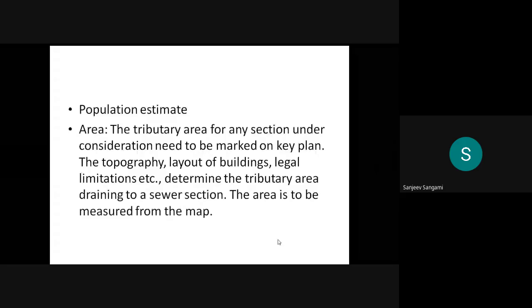The tributary area for any section under consideration needs to be marked on a key plan.